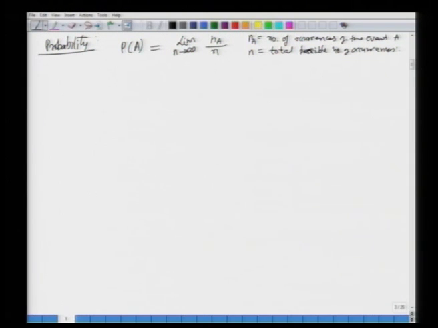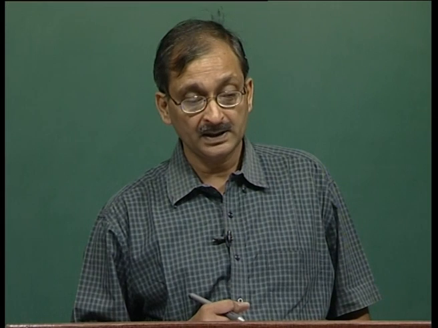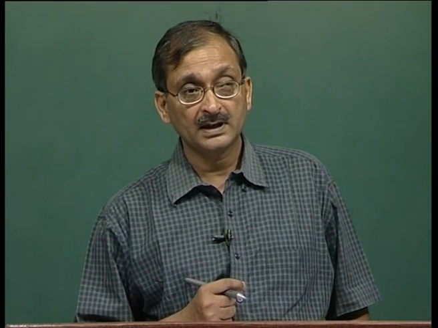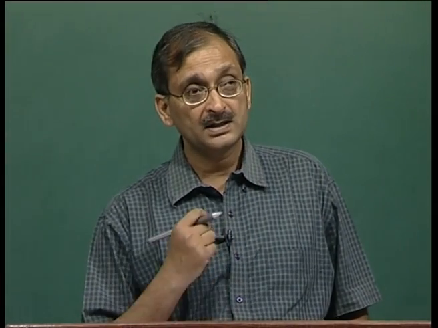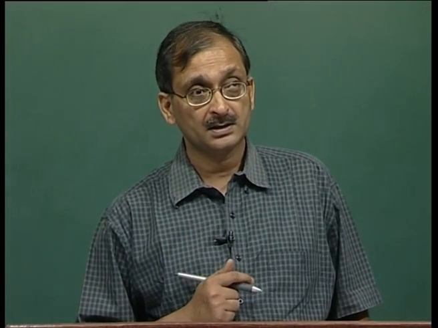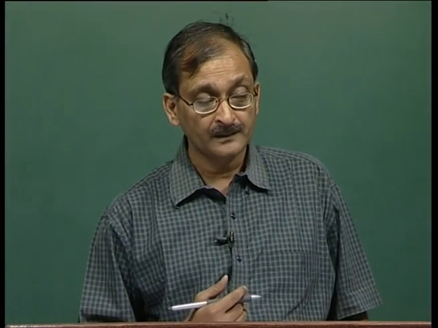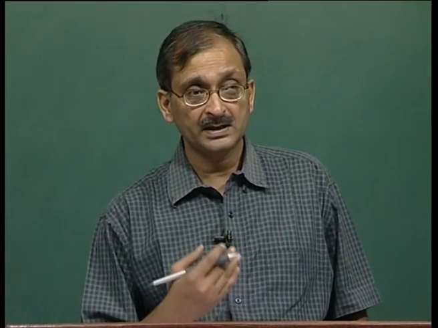So, in the previous example, let us say we had 20 years of data, and out of those 20 years, in 4 of them the annual rainfall was less than 30 centimeters. So, what will be the probability of event A occurring? That is, what is the probability that the annual rainfall is going to be less than or equal to 30?